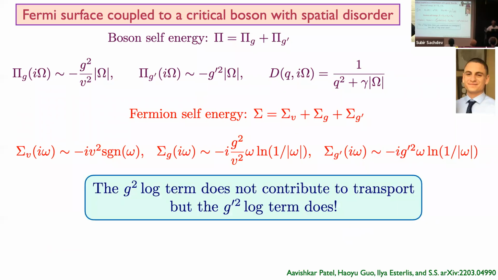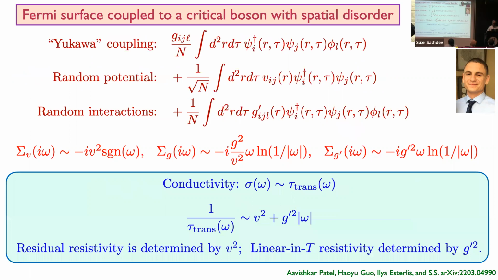And now our hopes actually work out. This singular term, the self-energy, because this involves random interactions, so it's not just forward scattering, gives you a singular term in the transport, and you indeed get a linear resistivity. So that's the basic result.